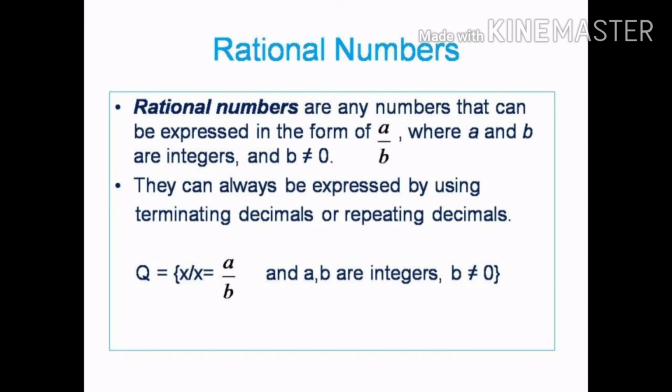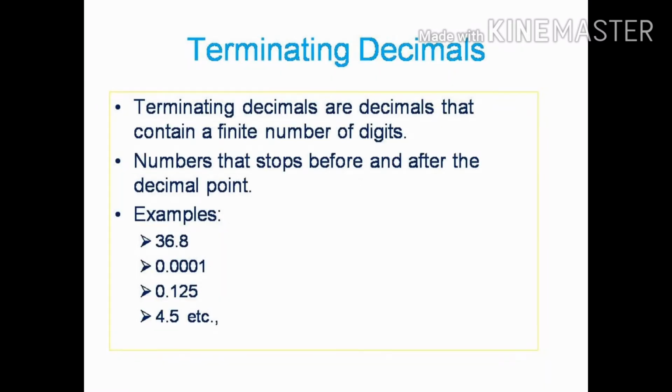Let us see what we mean by terminating and repeating. Terminating decimals are decimals that contain a finite number of digits. Finite means countable. Or the numbers that stop after the decimal point.